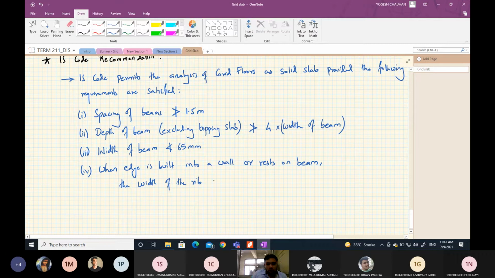It should be at least the width of the bearing.